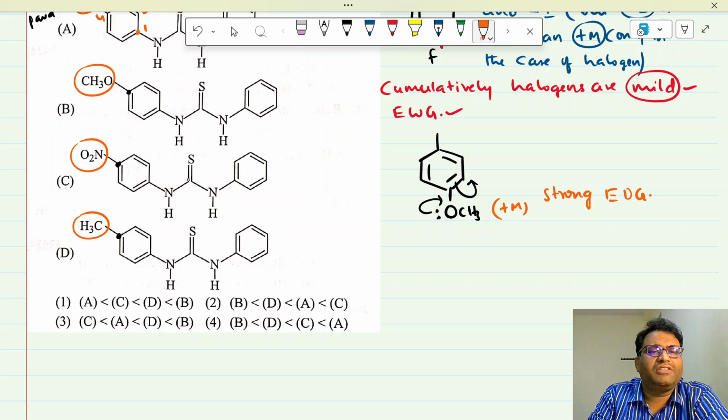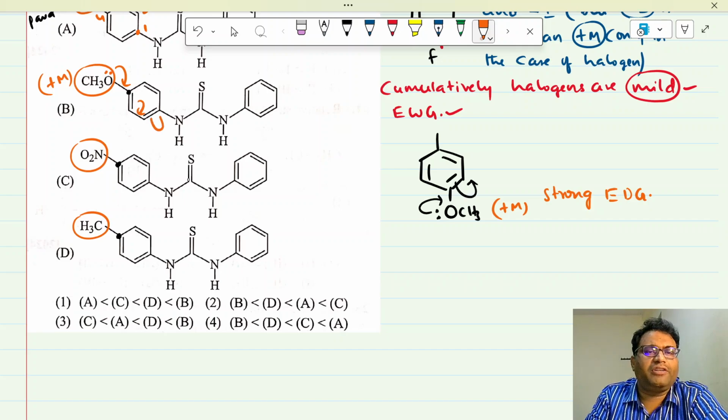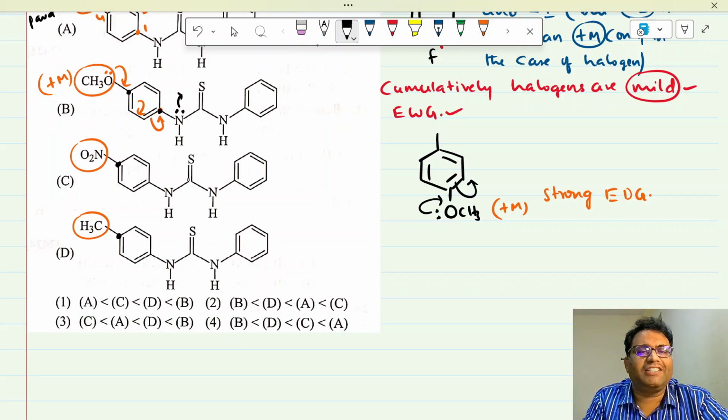If it donates the electron density along this pi bond, you will have more electron density at position 1, so the electron density on nitrogen increases.